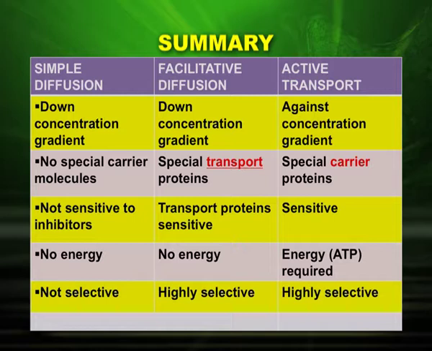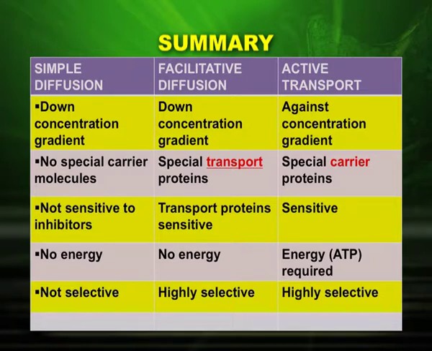So let us summarize. Simple diffusion is down the concentration gradient, facilitated diffusion is also down the concentration gradient. On the other hand, active transport is against the concentration gradient. Second, in simple diffusion, no special carrier molecules are involved. In facilitated diffusion, special transport proteins are involved, and in active transport, special carrier proteins are involved.